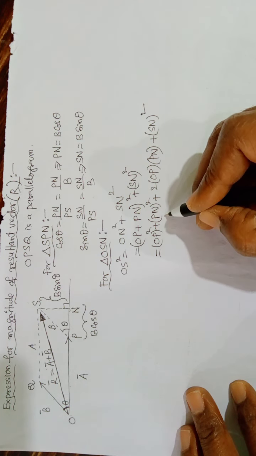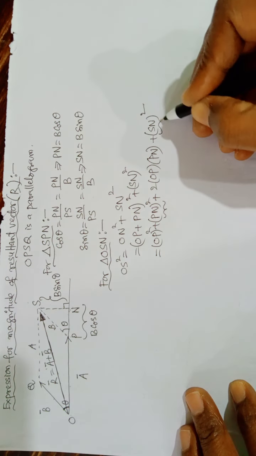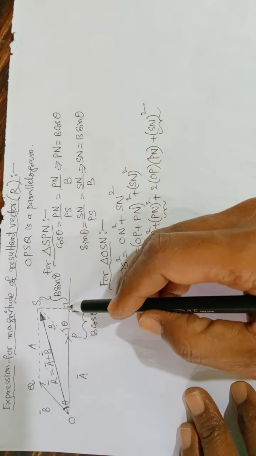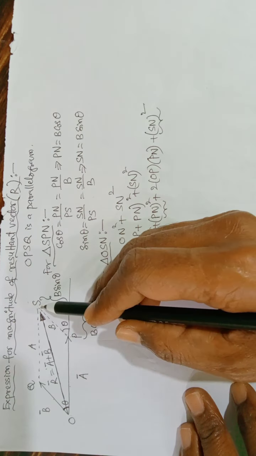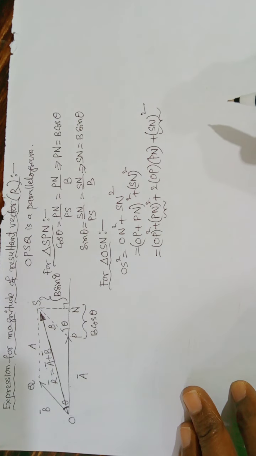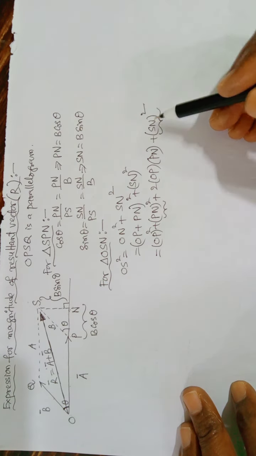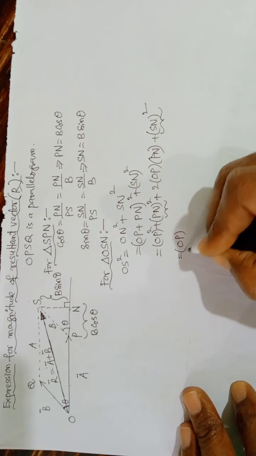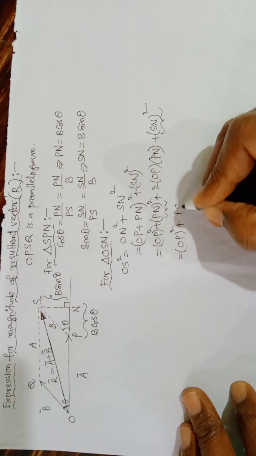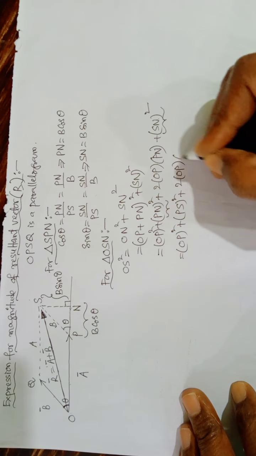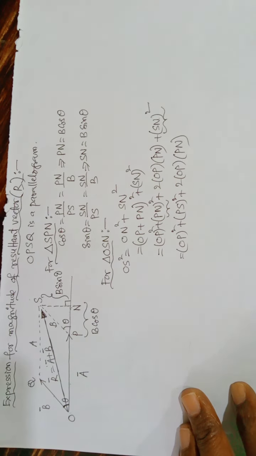Now PN square and SN square: this is PN, this is SN. Base square plus height square gives hypotenuse square according to Pythagoras theorem. So the sum of these two terms gives PS square. So let me write OP square plus PS square plus 2 into OP into PN.